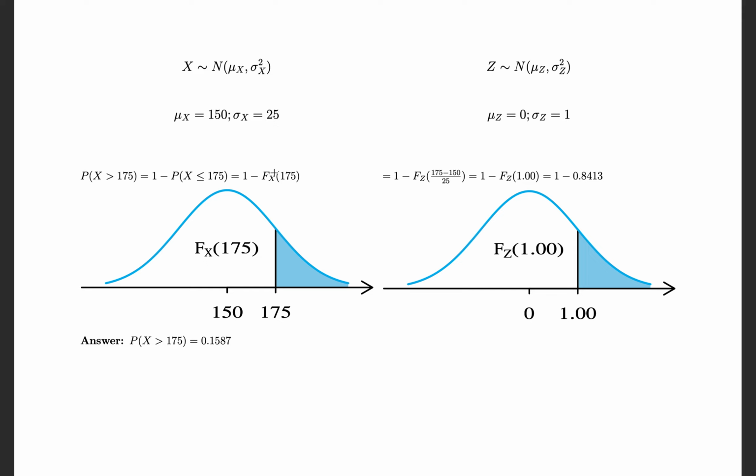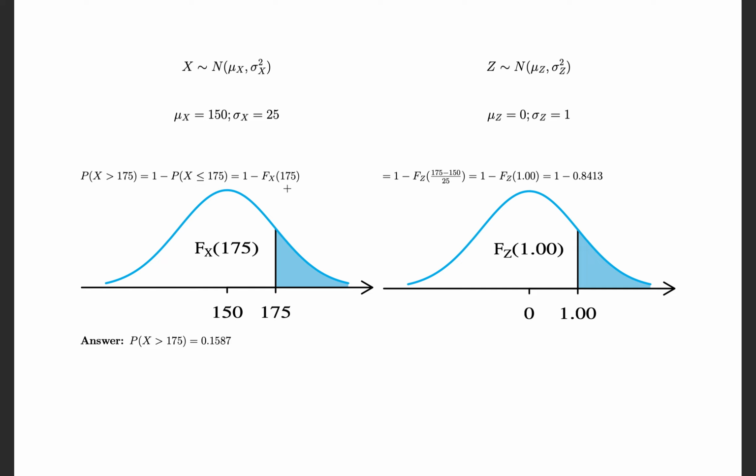So we standardize our value 175 by subtracting 150 and dividing by 25. So the value minus the mean divided by the standard deviation. So we get 25 divided by 25, and we get a z-score of 1.00.